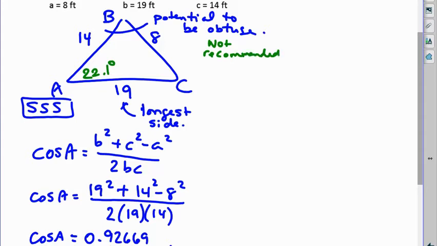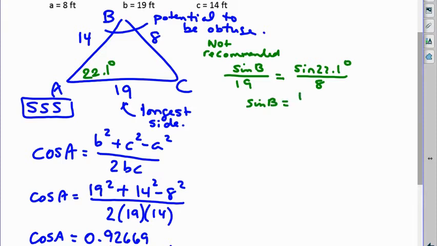I would set it up with sine of B over 19 equals sine of 22.1 over 8. And when I do that, I get sine of B equals 19 sine of 22.1 degrees over 8.